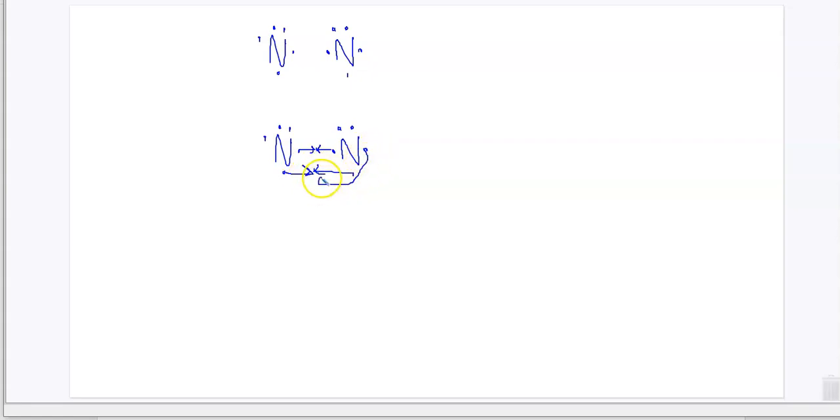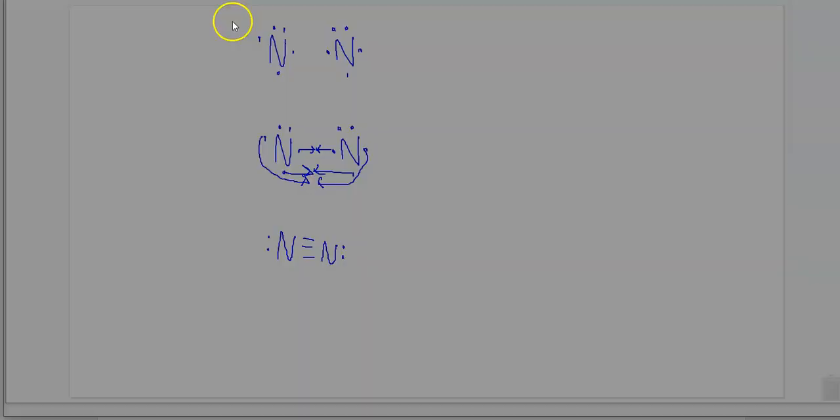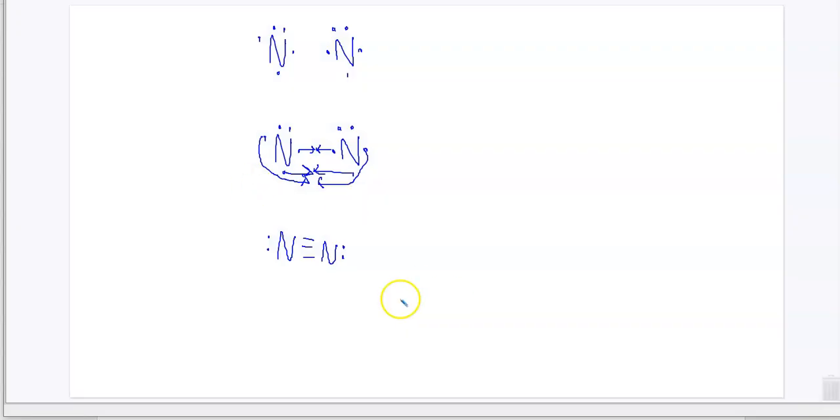So that's a total of 3 covalent bonds that the nitrogen's making. So 3 dashes, a total of 6 electrons being shared. And so this is why nitrogen is so strong, because it's got a triple bond connecting the nitrogens to each other.